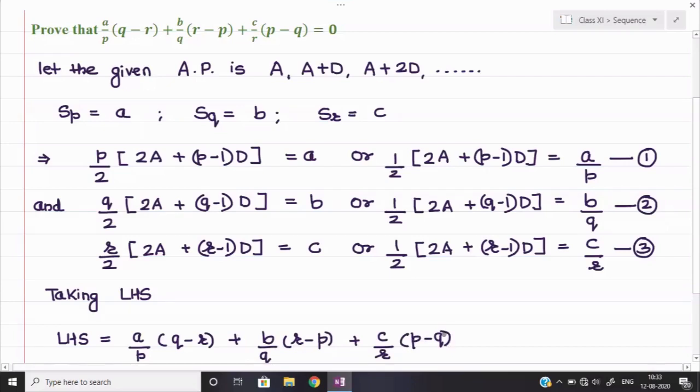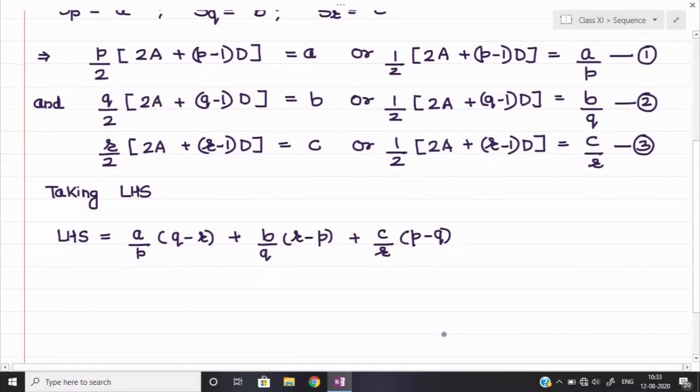Okay, now first of all we shall put in the values of a upon p, b upon q and c upon r. You can see the value of a upon p we already found as 1 upon 2 into the bracket 2A plus p minus 1 into capital D, into the bracket q minus r as it is.